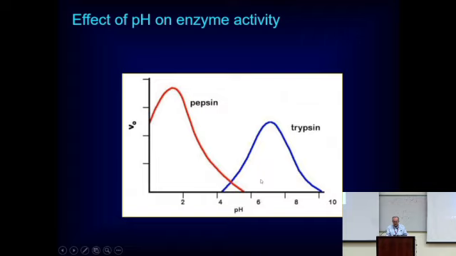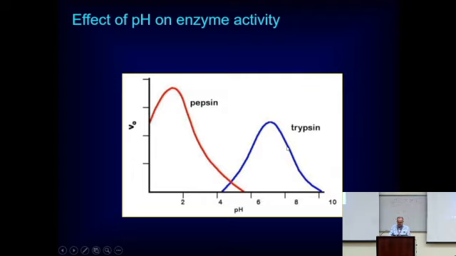And look, it works roughly around neutral pH. This is the enzyme activity, and this is pH. So the higher this is, that's the enzyme activity, velocity here. So you see trypsin is working in the ambient environment where it is produced, whereas pepsin works in the ambient environment where it is found. So it usually makes sense.